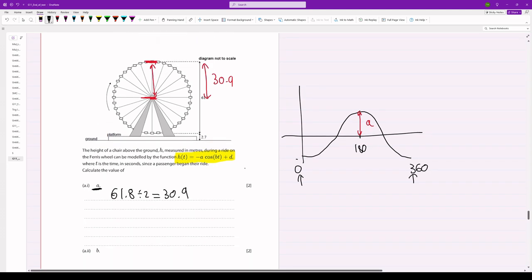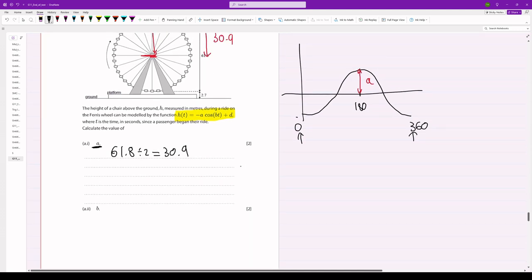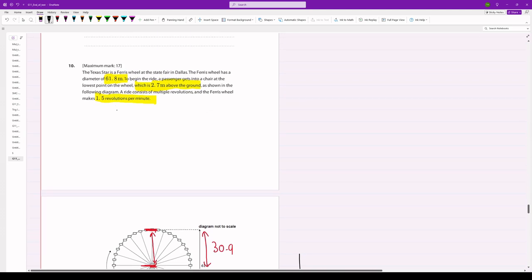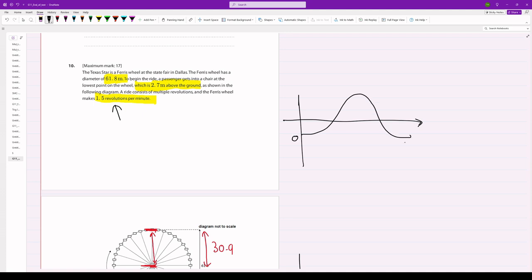B is a little bit more tricky to work out. B is going to be how much do I need to stretch it to make it fit the new graph. Now, in a previous question, I told you to leave this one until you have more information. Well, I do have more information on this question. It's this bit, 1.5 revolutions per minute. So on my cos graph, if this is the start and this is the end, I need to work out what that's going to be.